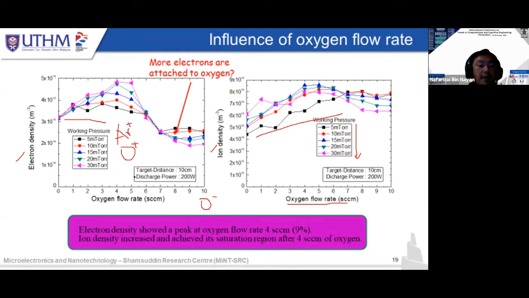When you add too much oxygen, it creates another type of ion, negative oxygen. The oxygen can be positive or negative, which is different from argon, which cannot become a negative argon ion. So this is electronegativity.